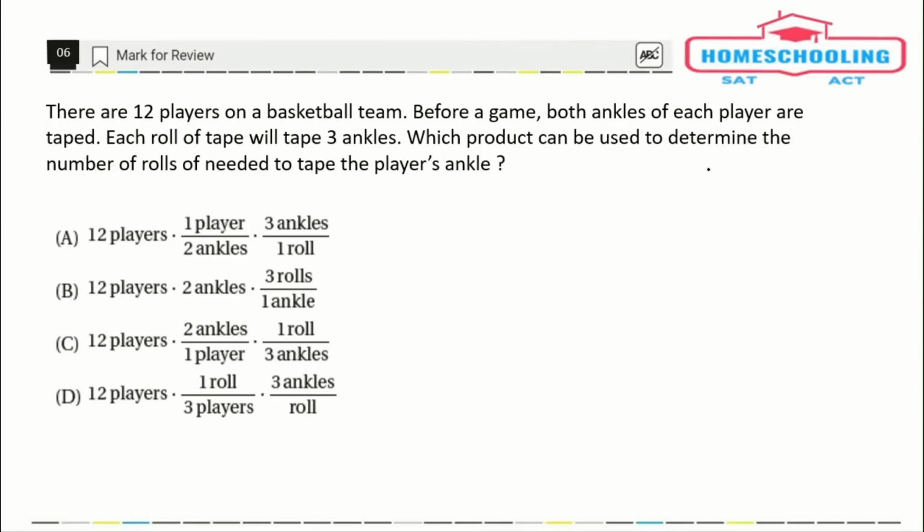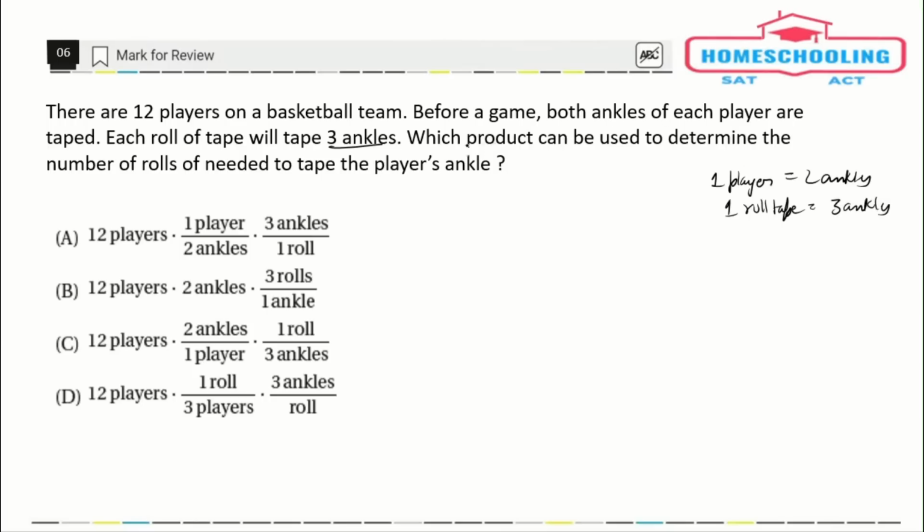So one player has two ankles. And each roll of tape will tape three ankles. So one roll of tape will tape three ankles is given.